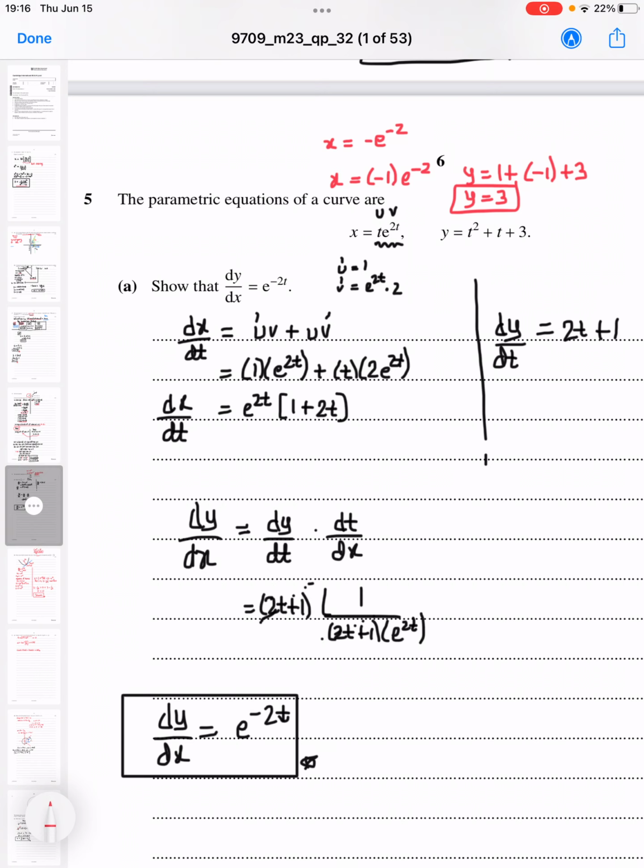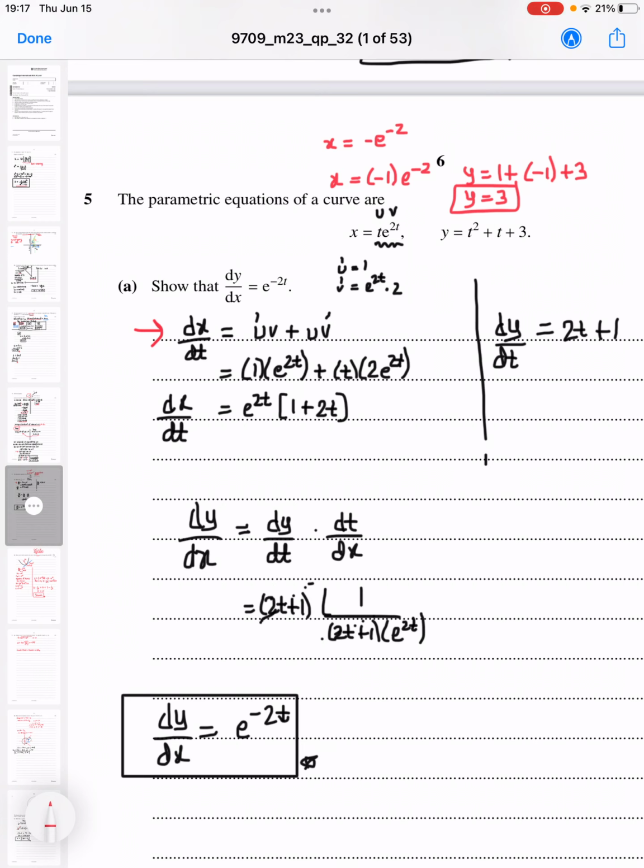So we have to apply the chain rule. First find dx by dt by applying the product rule, u dash v plus u v dash, and that becomes e raised to 2t times 1 plus 2t. Then find dy by dt by simply applying the power rule of differentiation, which is 2t plus 1, and apply the chain rule. dy by dx is equal to dy by dt into dt by dx.